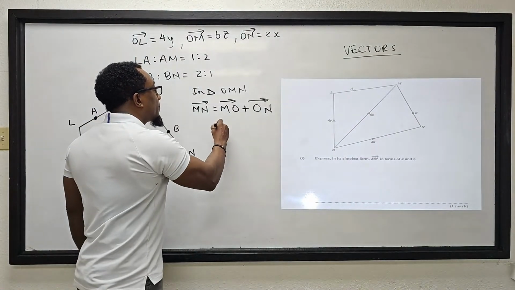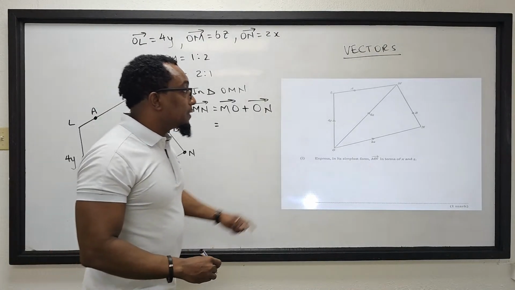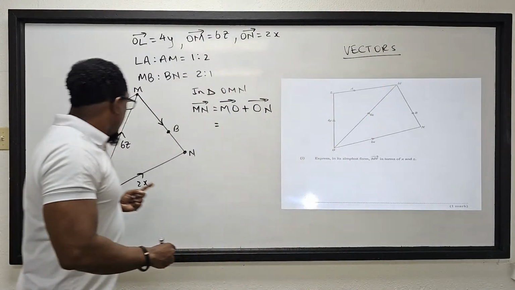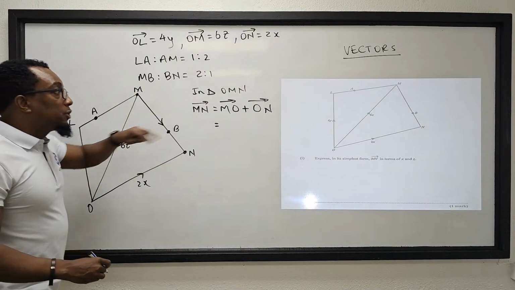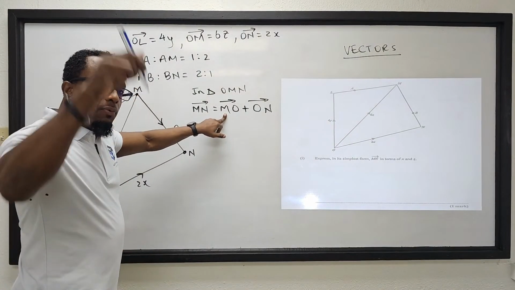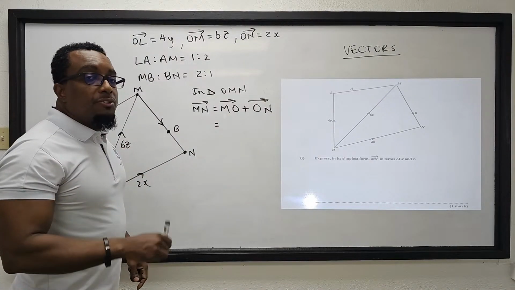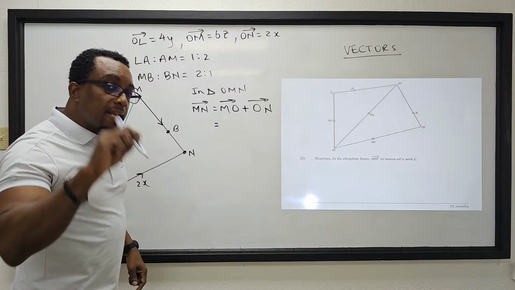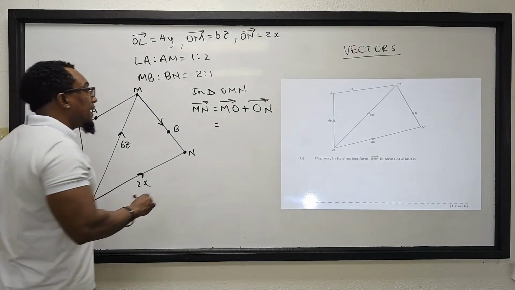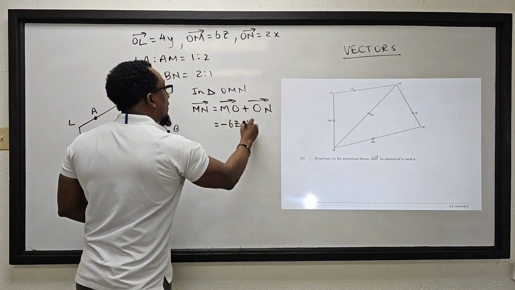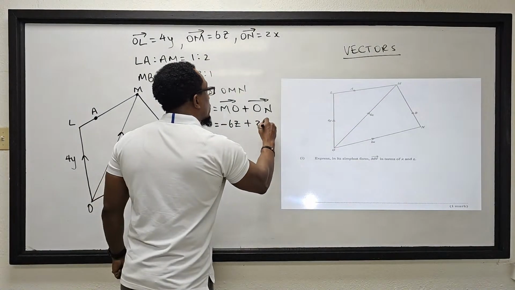Now this is OM, meaning we're moving from O to M, but you want MO. With vectors, when you're moving in the opposite direction, note that the direction changes, so the sign of the magnitude changes. So MO will be negative 6z plus ON, whose magnitude is 2x.